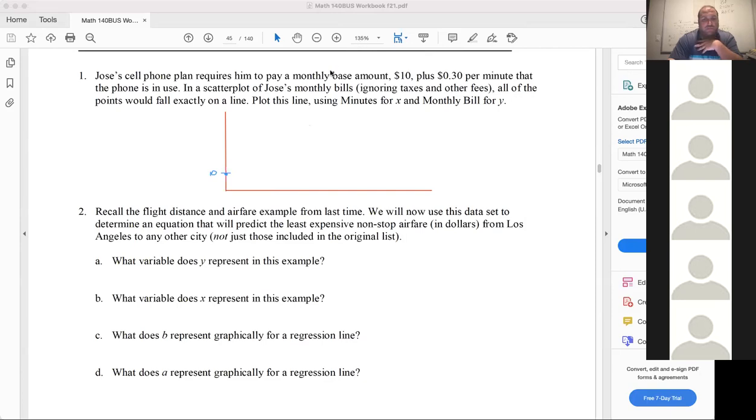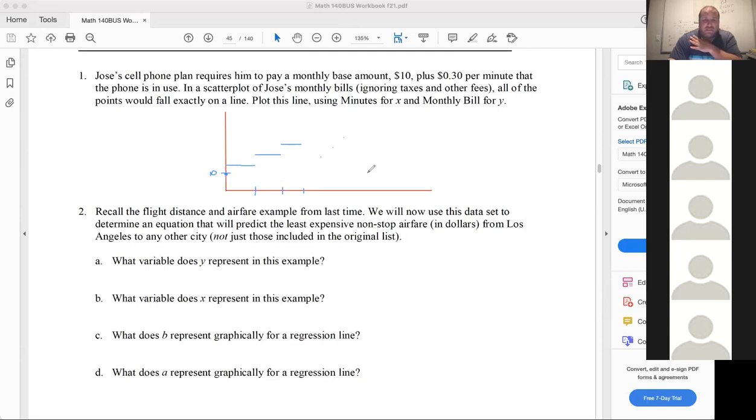Okay, so once you're in the minute, now you're going to be along this line here at 10.3. The next minute is now at 10.6. And the next minute, it's now going to be at 10.9 and so on, correct? Do you agree? Yes. Okay.